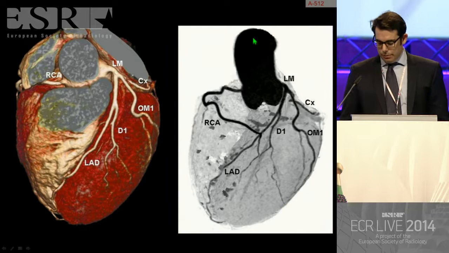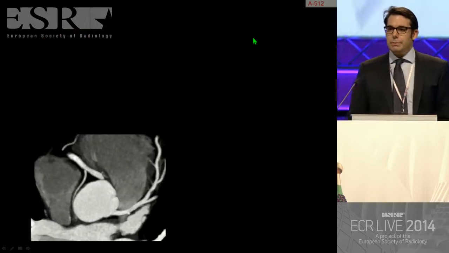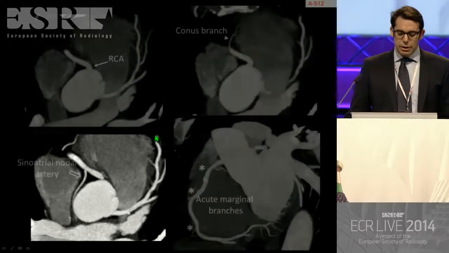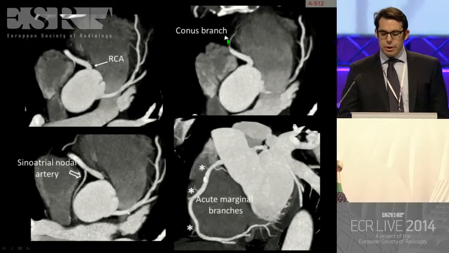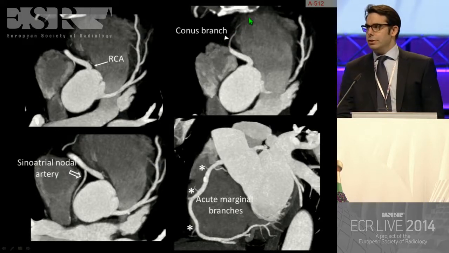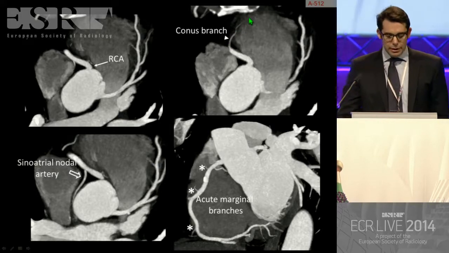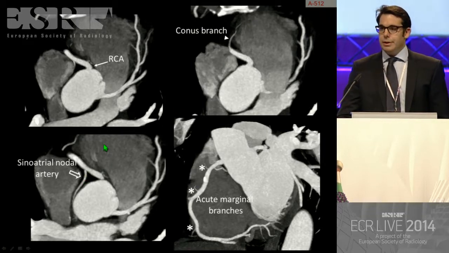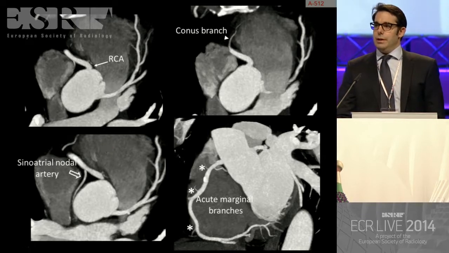That's normal. And when we look at the RCA, remember that this artery here is the second branch. Usually, we will have first a conus branch, which is this artery, which goes directly into the conus, into the infundibulum of the right ventricle. There we have this second artery, which is a sinoatrial nodal artery. And this is a normal artery.